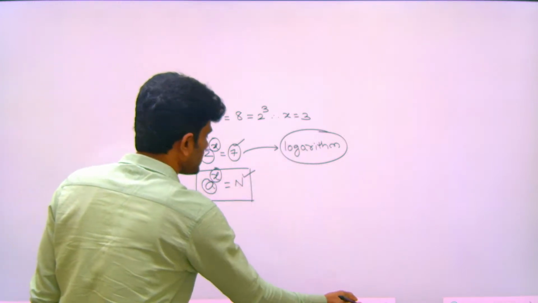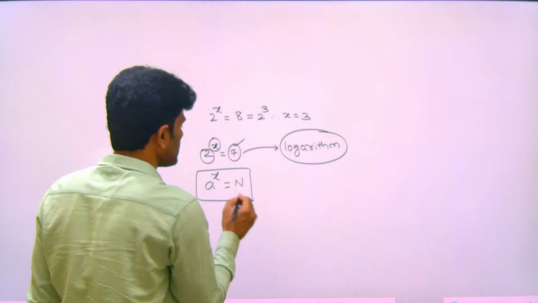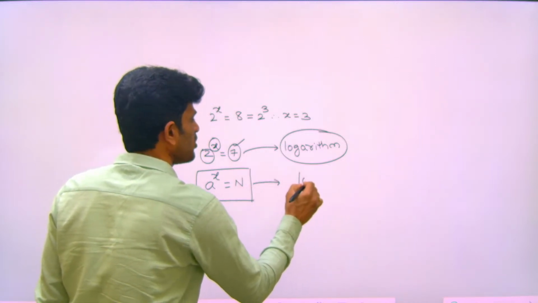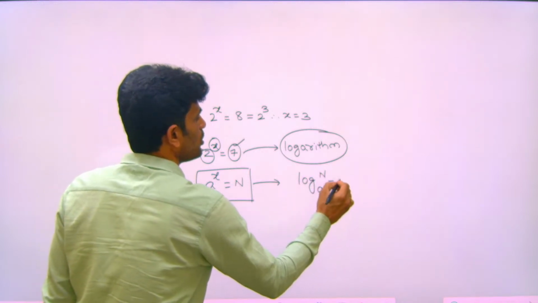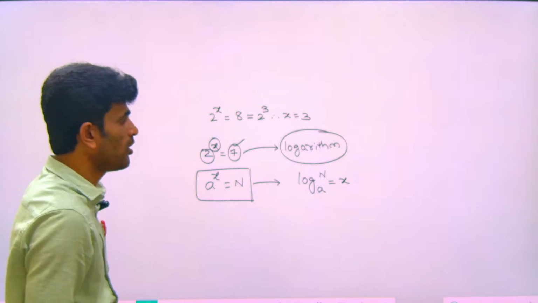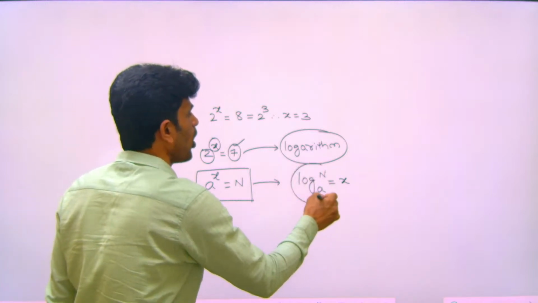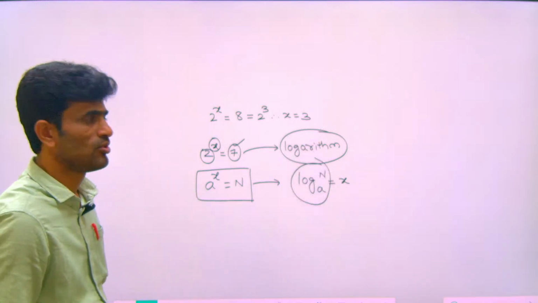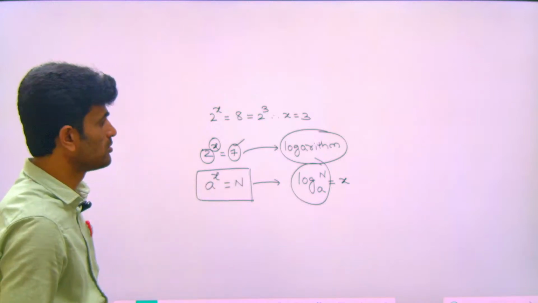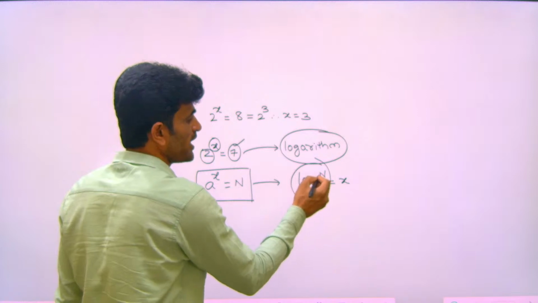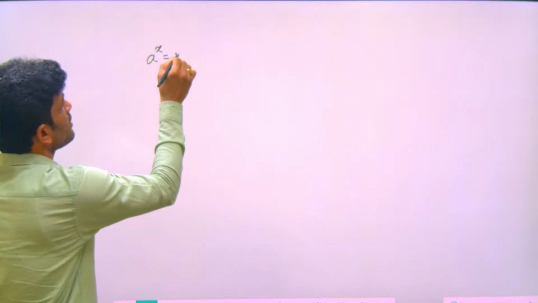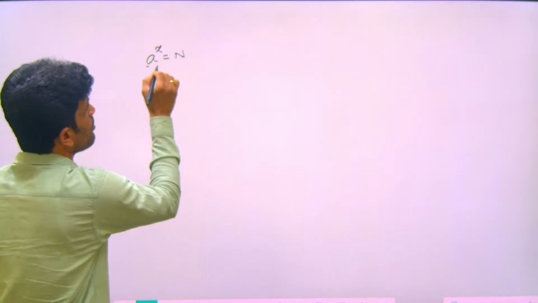This same exponential form, a to the power of x is equal to n, can be written as log n to the base a is equal to x. So if a to the power of x is equal to n, then log n to the base a is equal to x. From now onwards, remember: if you have a to the power of x is equal to n, that is the exponential form of a number.